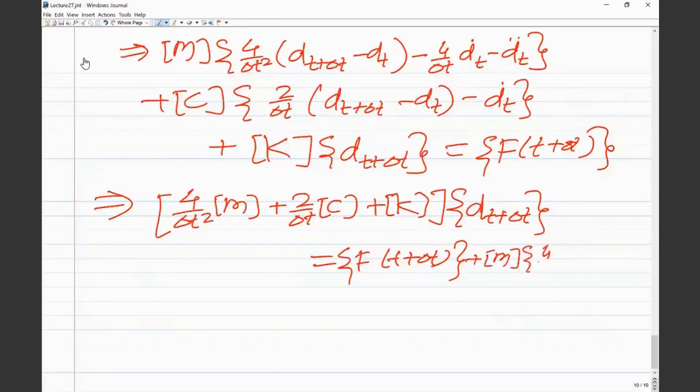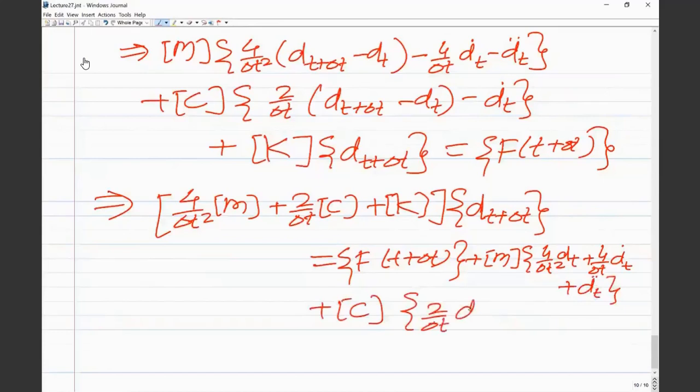So M into 4 upon delta t square into d at t plus 4 upon delta t into d dot at t plus d double dot at t. So this is the M term, and plus we will have C into 2 upon delta t into d at t plus d dot at t.